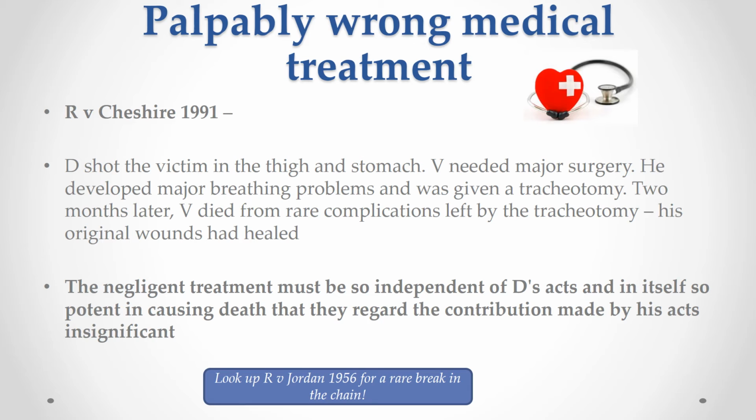Two months later, the victim died from rare complications left by the tracheotomy, and his original wounds had healed. Cheshire sought to argue that he had not caused the death of the victim.